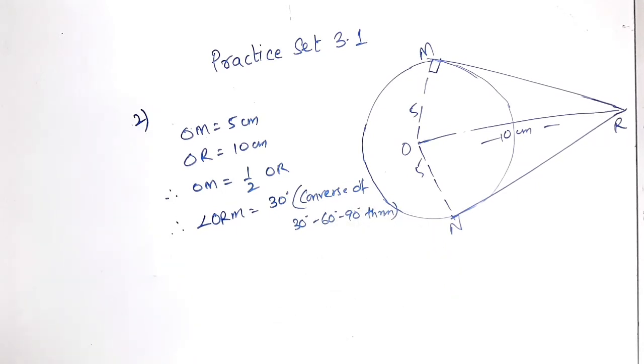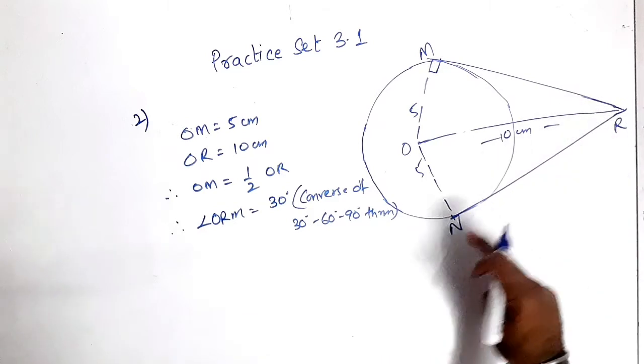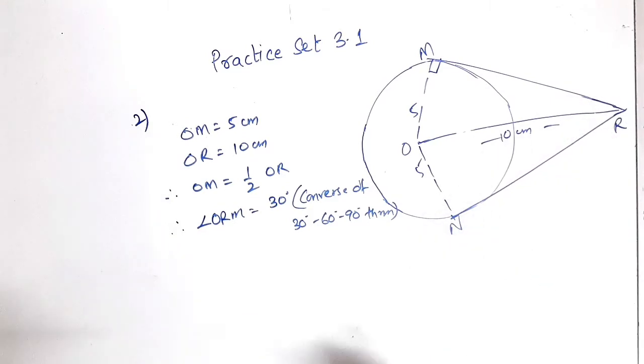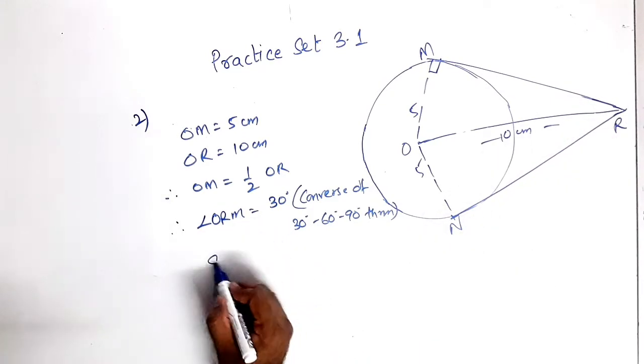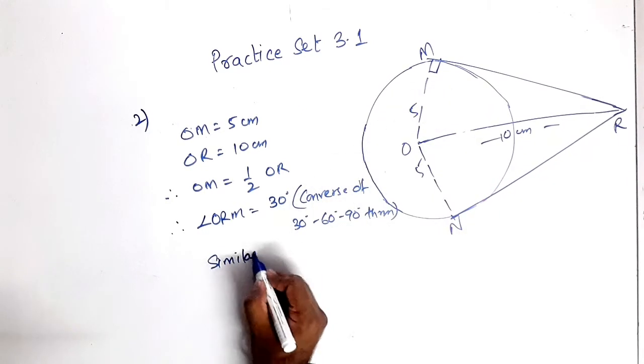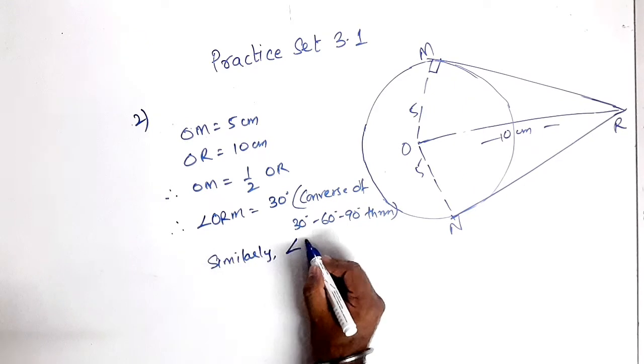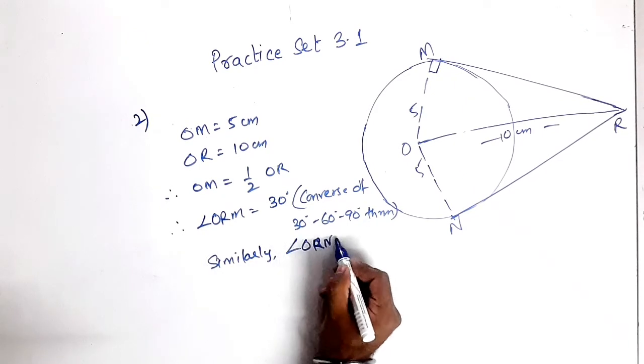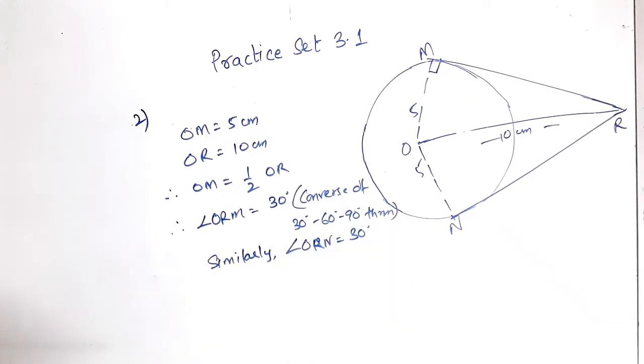Okay, then moving on to the last question of question 2. What is the measure of angle MRN? Okay, very simple. If this is 30 degrees, these two triangles are congruent. Similarly, angle ORN is also 30 degrees.